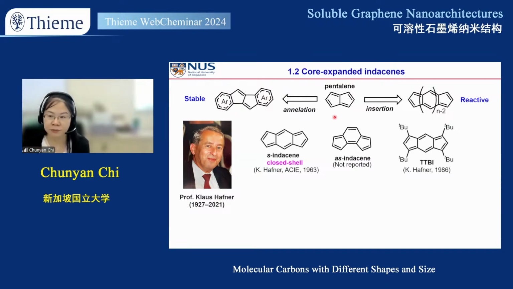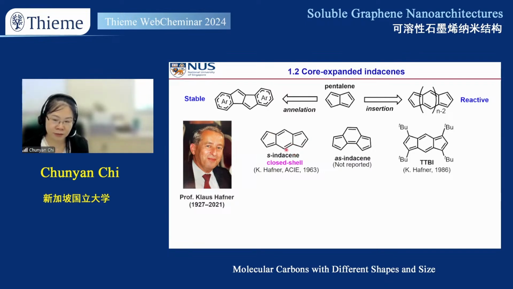Another approach is to insert a benzene ring or acene unit between 2 5-membered rings to make this type of structure. However, they are reactive. For example, when one benzene ring is between 2 5-membered rings, this molecule is called s-indacene. It has a closed shell ground state.